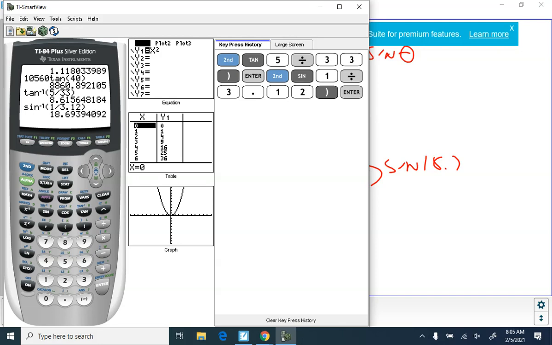I get 18.7. I can take the sine of the second answer key, and that pulls the answer down for you to get your value. Once again, KYC, know your calculator, the things it does for you. It is a very nice calculator because it will do so many different things for you.